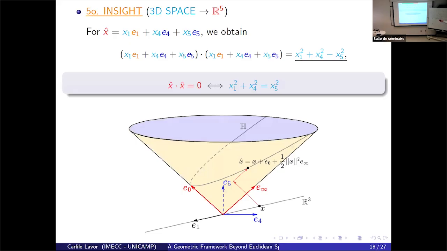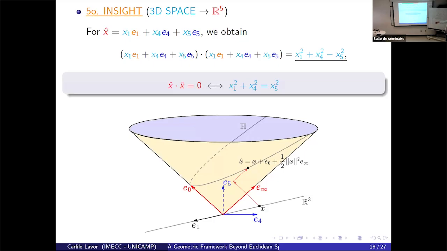So this is the equation associated to the vectors that have zero norm, which means that on the cone we have vectors with zero norm. You see, E0 and E infinity are two vectors with zero norm, so they are on the cone. All the vectors on the cone have zero norm.